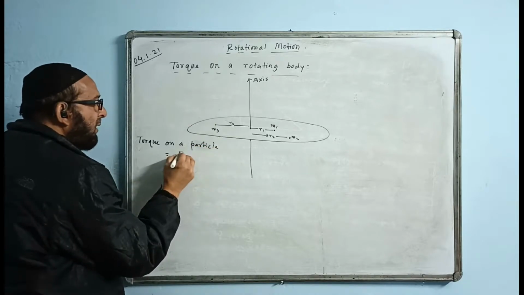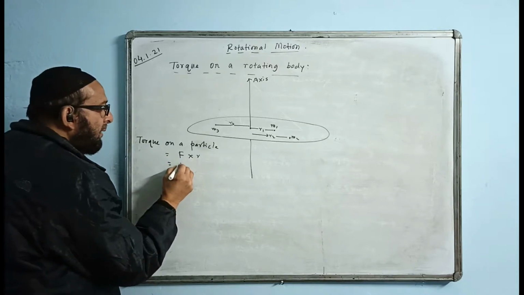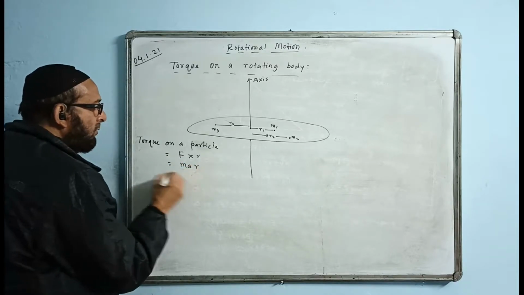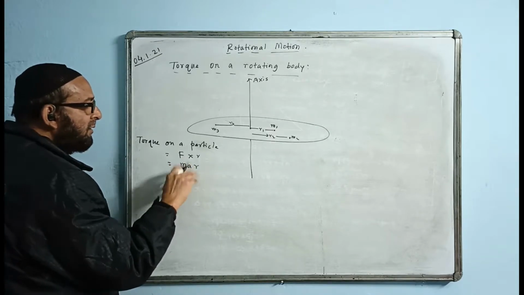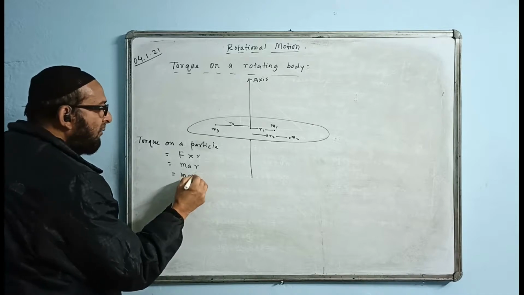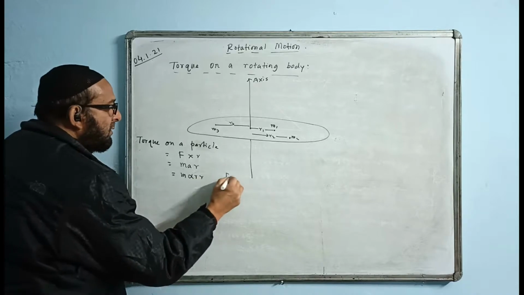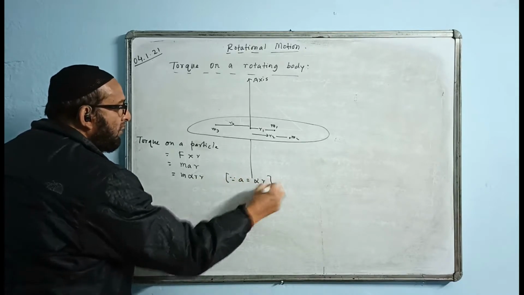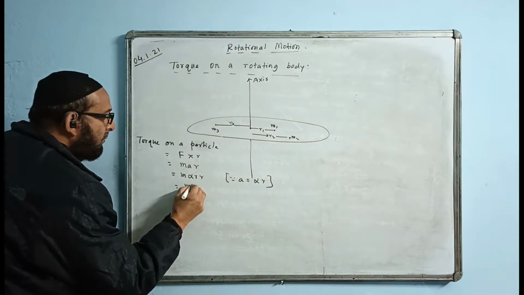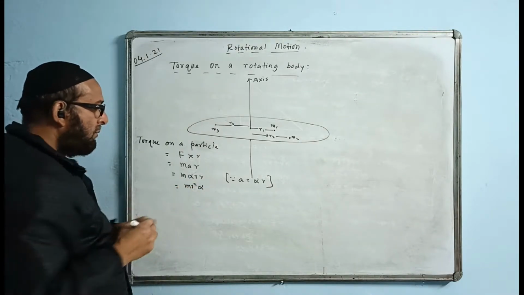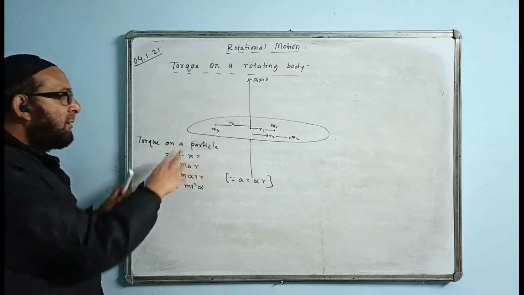Torque on a particle is F into R. F is equal to m a, so m a into R. The linear acceleration a changes into angular acceleration, a equals alpha R, so it becomes m alpha R into R. The formula becomes m R square alpha, where alpha is called angular acceleration. This is the torque on any particle like this.